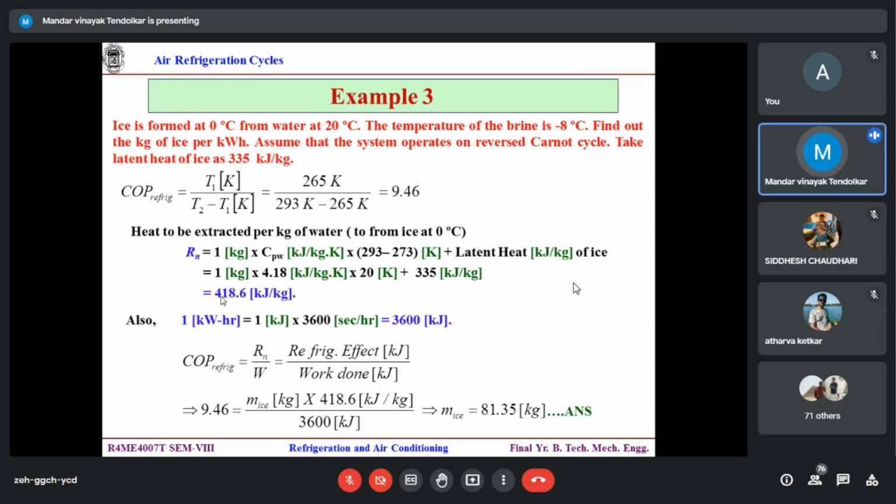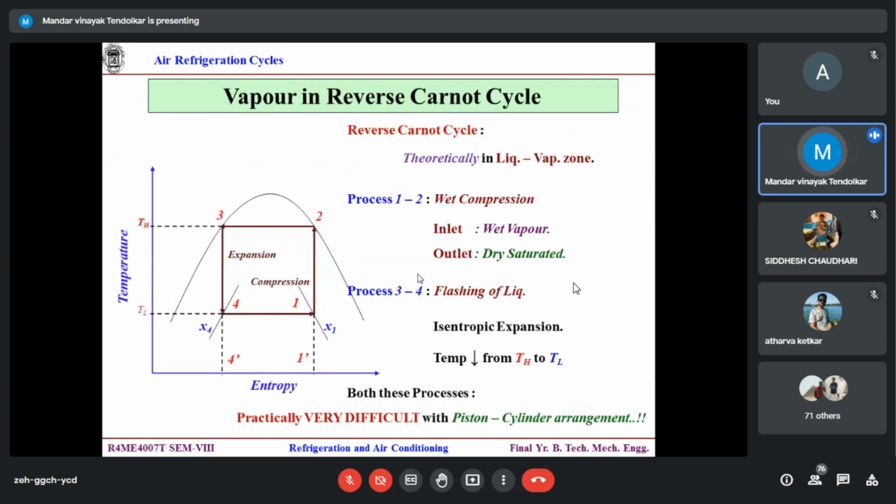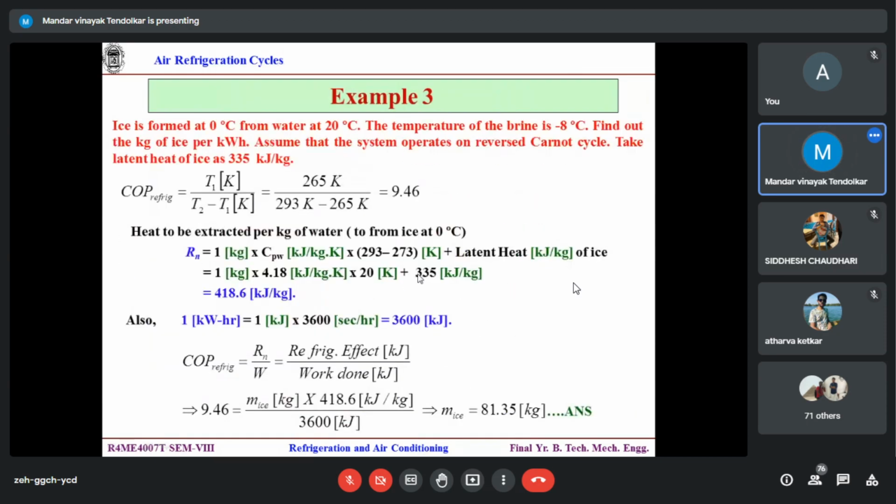Instead of 418, you put 418 minus 335, only the sensible part. Sir, 407 kgs of ice produced. 407. So you can see the extent of the error. So be very, very careful when you analyze the data.